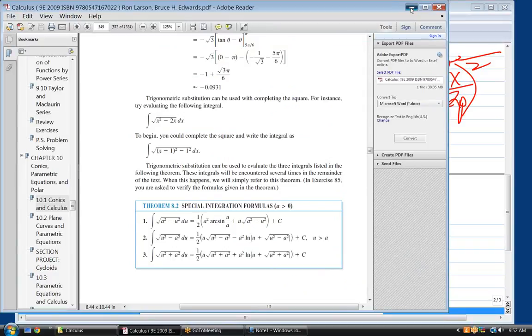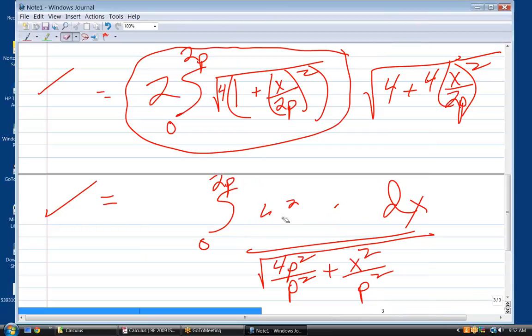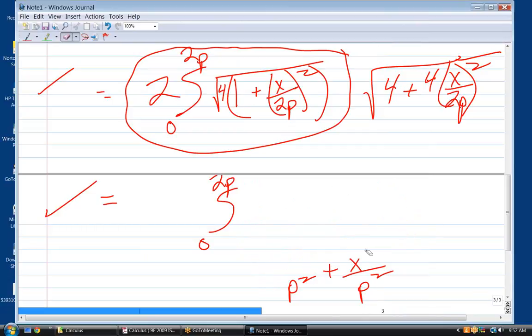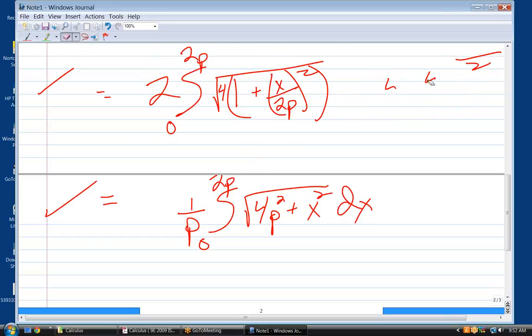And when they simplify this, they end up with 1 over p times the square root of 4p squared plus x squared. That makes sense. It's difficult to do, but it definitely makes sense.